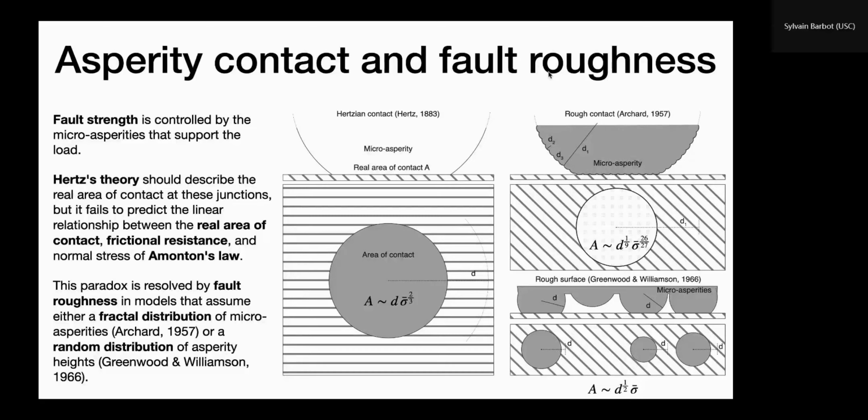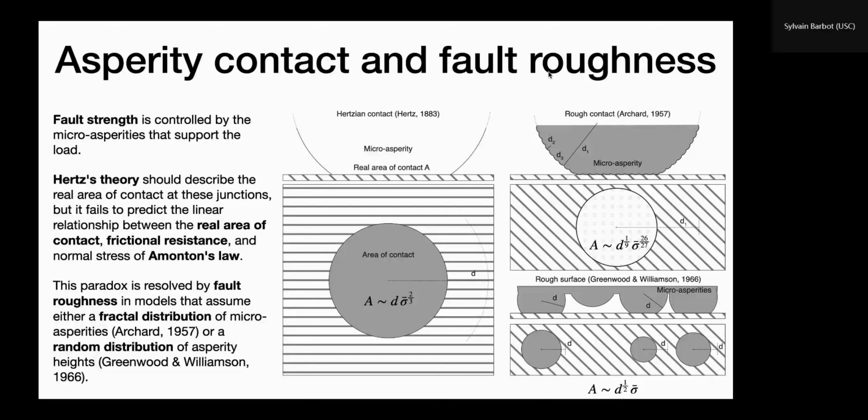We can look at the average area of contact, the expected value in a statistical sense, and that also becomes exactly linear with normal stress, like Amontons' friction law, right? It also has weak sensitivity to the size of these beads. Now it's the square root of d.